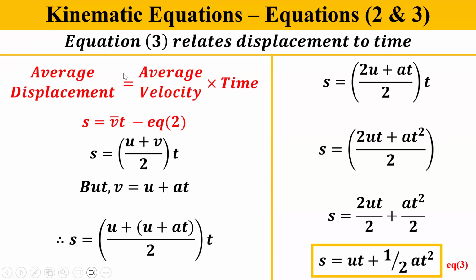So from that we can say the average displacement is equal to the average velocity times time. When you hear the word average, it means that there is something divided by 2. If you're averaging a set of numbers, you would divide by 2. Similarly, we have an initial velocity and a final velocity.